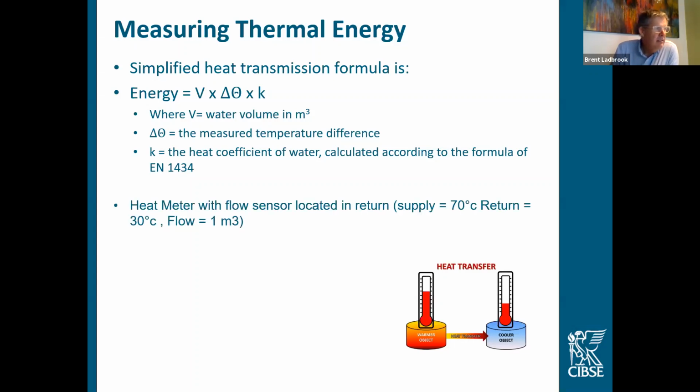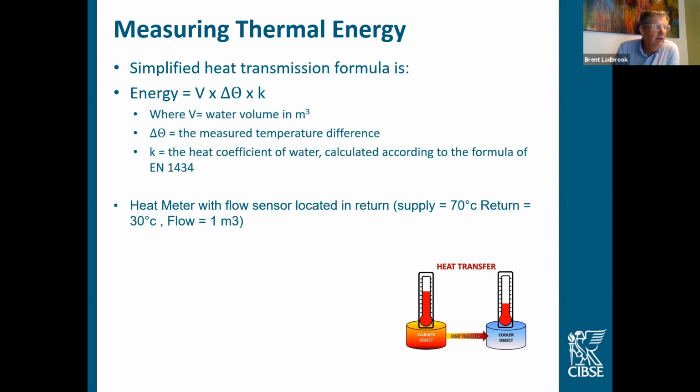An example of this, here's a heat meter with the flow sensor located in the return. So it's on the way out of the office area or the hospital ward that you want to measure. It's on the water coming back, so it's a heat meter. The water is going to be a cooler temperature than what it's going out to the area. In this example, we're supplying water at 70 degrees Celsius.